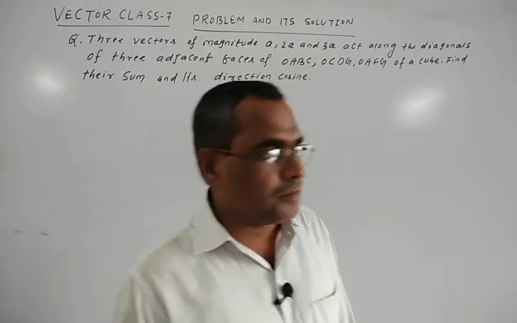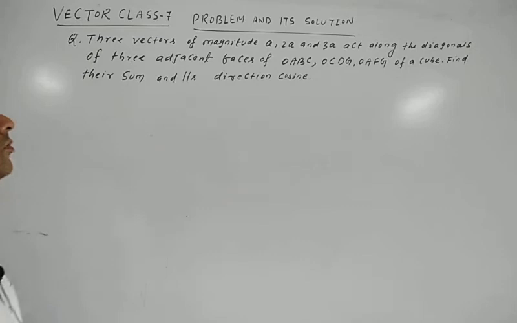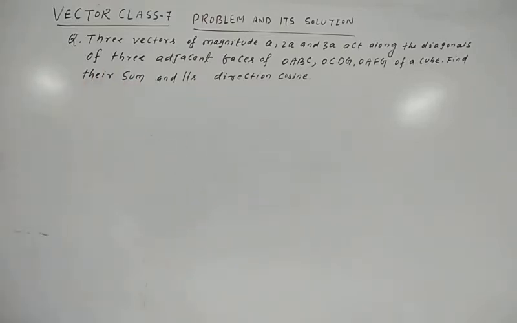So one question: three vectors of magnitude a, 2a and 3a act along the diagonals of three adjacent faces OABC, OCDG, OAFG of a cube.